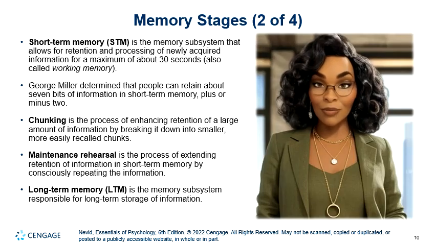Therefore, there are steps we can take to enhance our ability to absorb information. First, there's chunking. To overcome the limitations of short-term memory, we employ a clever strategy called chunking, breaking down large pieces of information into smaller, more manageable chunks.